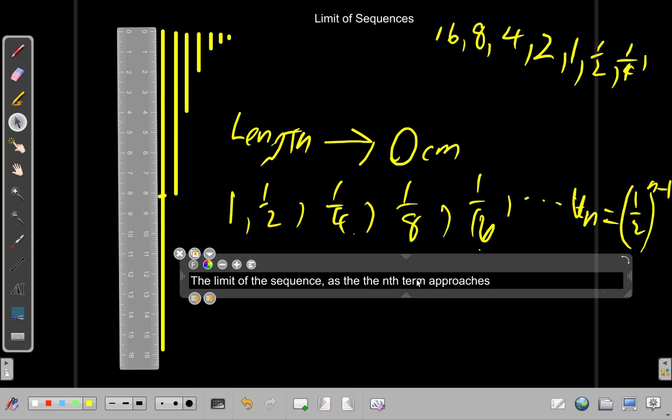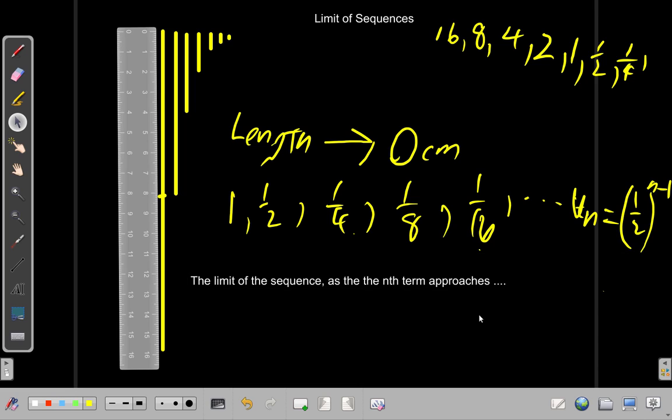Now, what I'm doing is fixing up the meaning of the symbol that I'm going to write. Now, in this case, I'm going to approach infinity. It could be that you're approaching some other number.